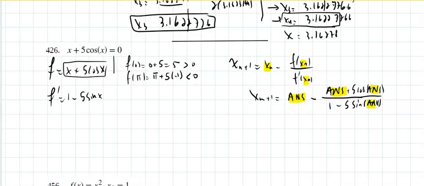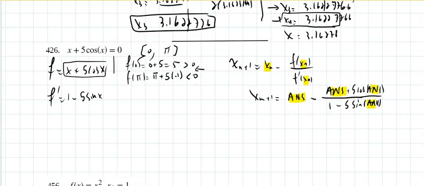So isn't this less than 0? Because pi is 3.14, and 3.14 minus 5 is negative. Between a negative and a positive, there's a 0 for sure. So I know there's a 0 between 0 and 5.